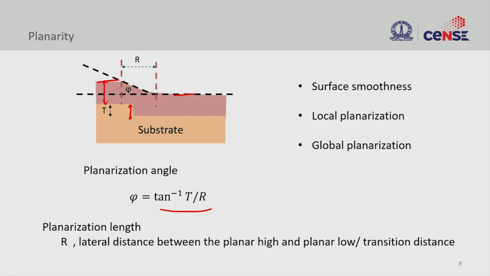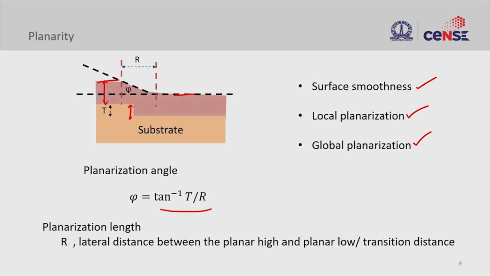All right. So, as you keep on polishing, you would have a very smooth surface, and you try to get local planarity done, and this is the intermediate stage. As you keep on progressing, you will get global planarity, right.